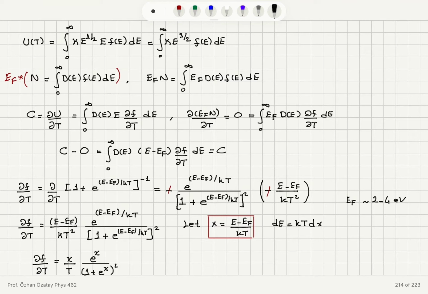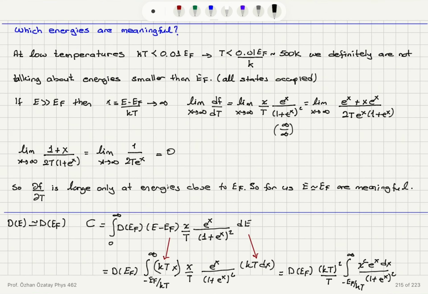Now I'm going to substitute (E minus E Fermi) over kT equal to x, and dE is then kT dx. dE_F is 0. So del f del T then becomes x divided by T, because there's a T squared here, times e to the x divided by (1 plus e to the x) squared.